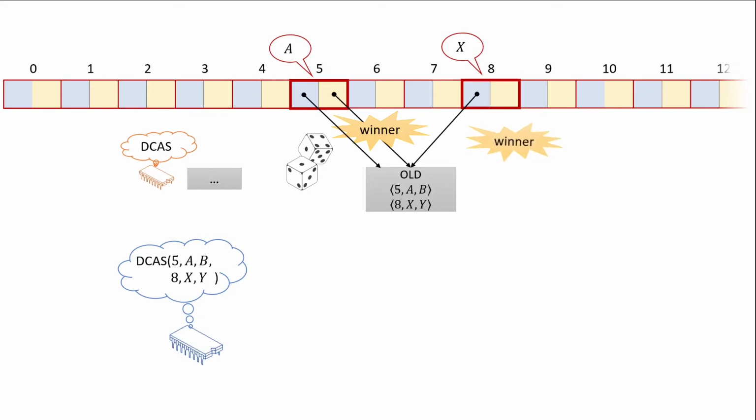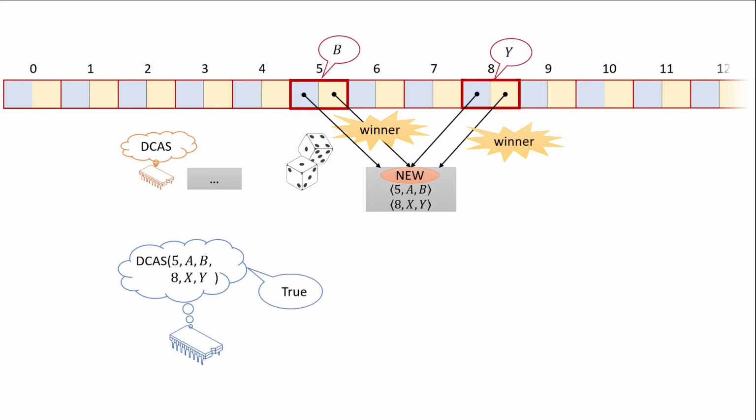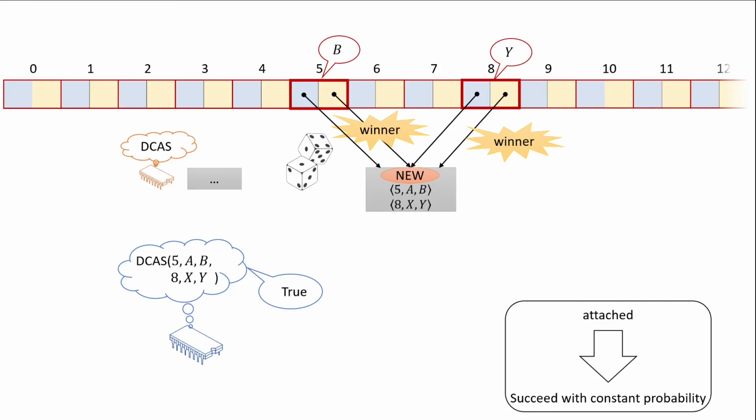With constant probability, we win this random competition on both sides, and thus all 4 BDCAS array entries point to our descriptor. In that case, we can just change our descriptor status and our DCAS takes effect. So if we manage to attach our descriptor, then with constant probability our DCAS will return true within a constant number of steps.